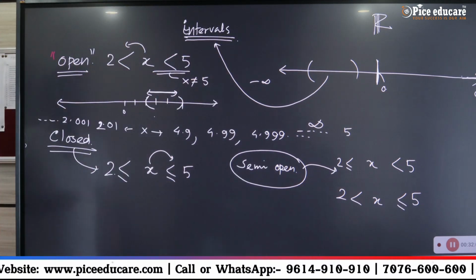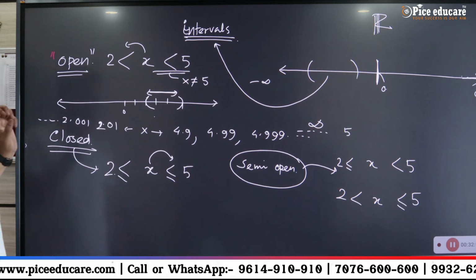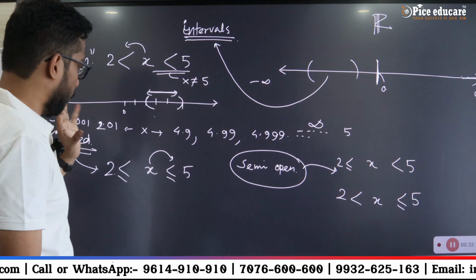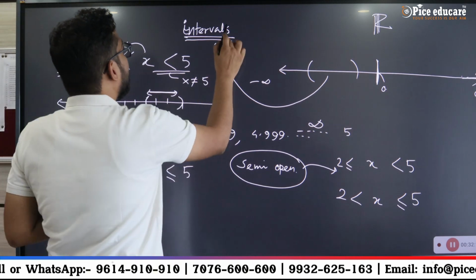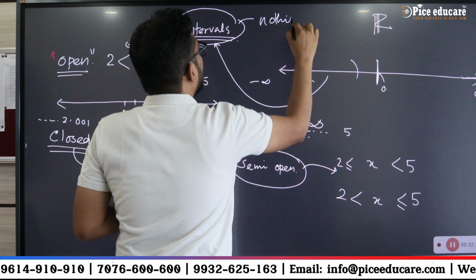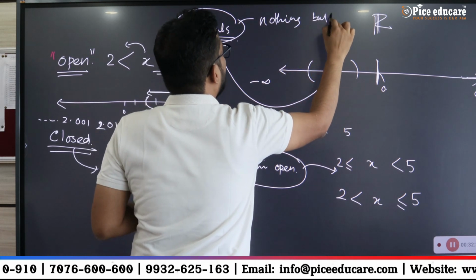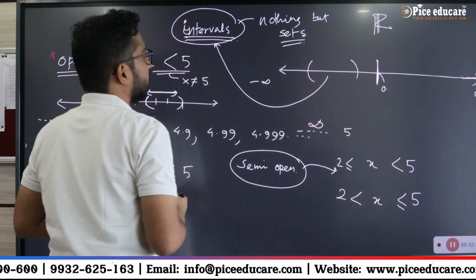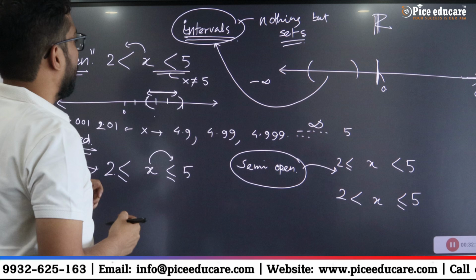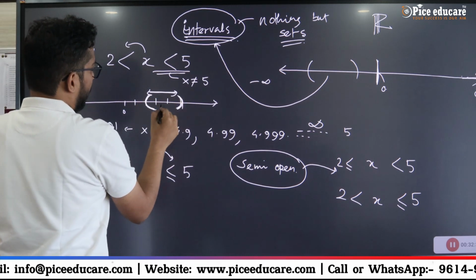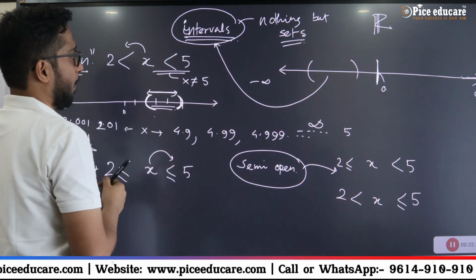Now, if you look at this whole idea of intervals, you will very soon notice that intervals are nothing but sets, because this range is basically a collection of objects, right?